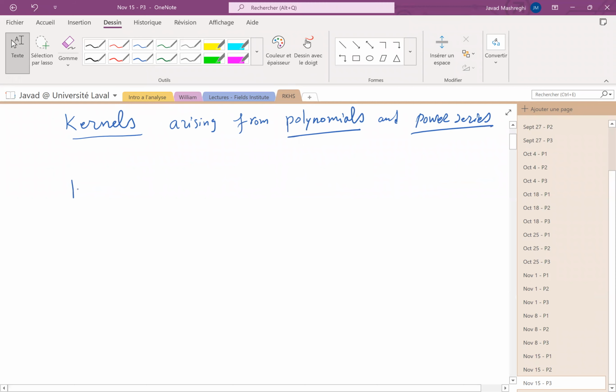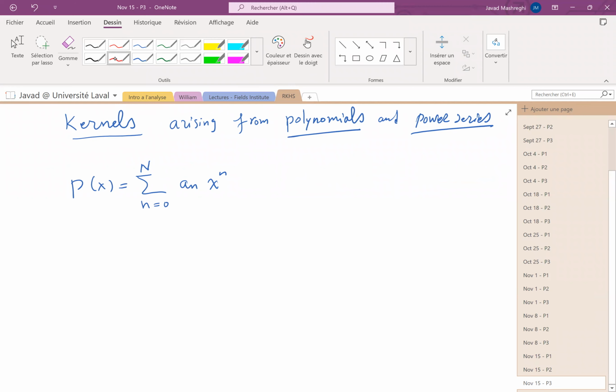So P of X equal to sum n from 0 up to fixed n, a_n x^n. And the main assumption is that a_n is bigger than or equal to 0 for all n.